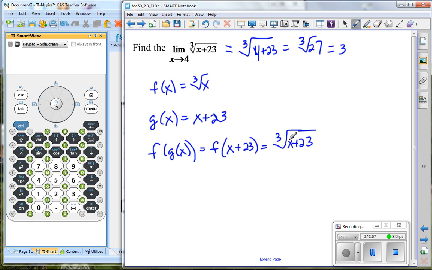Okay. If we look then at taking the limit of g of x as x approaches 4, we would get 27. We would have then the limit as x approaches 27. Cube root of 27 would be equal to 3.